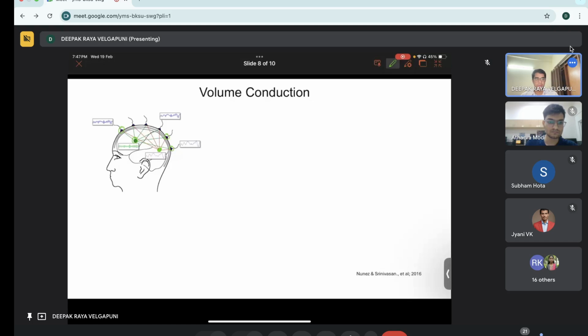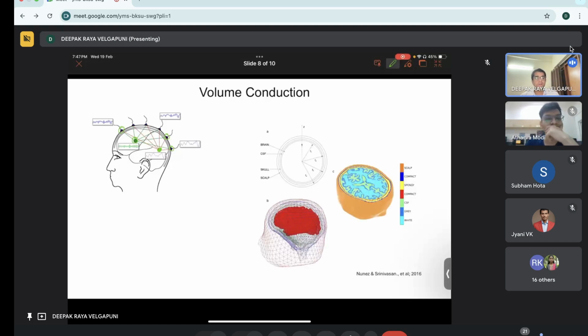So why does volume conduction happen? The first thing is we are measuring very far away from the source, and also the layers, the meninges, then the skull, are not isotropic. They have different characteristics at different positions, and therefore an electromagnetic signal propagating has different attenuation levels at different points.